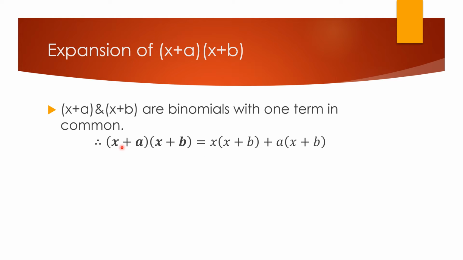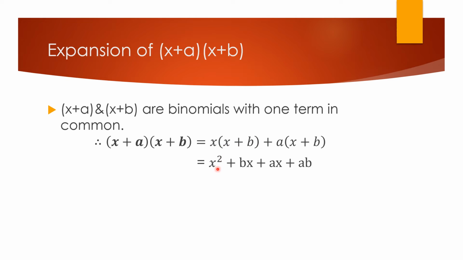At first, take the first term in the first bracket, that is x, and multiply the second bracket x + b by this first term, and therefore we can write x(x + b), plus again multiply the second bracket by the second term of the first bracket, that is we can write plus a(x + b).